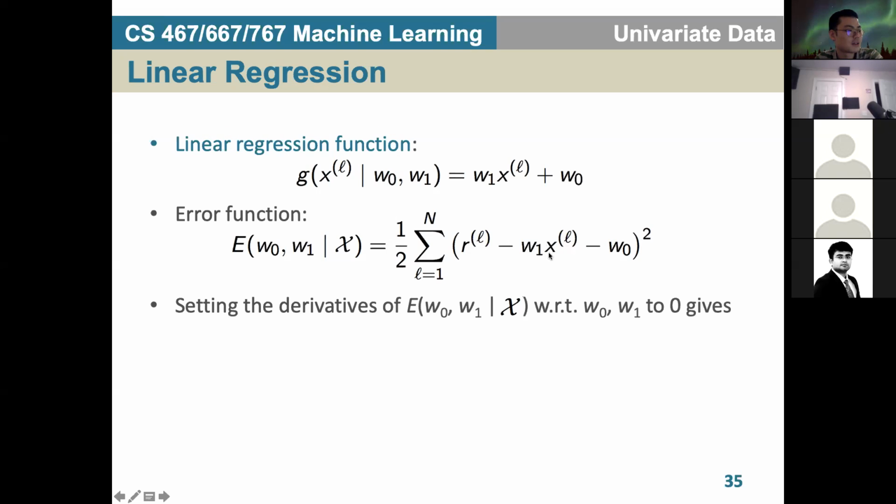If you consider the parameters we optimize, there are two values, w1 and w0. All we need to do is take the derivative of E with respect to both w1 and w0. Then we see what we will get.